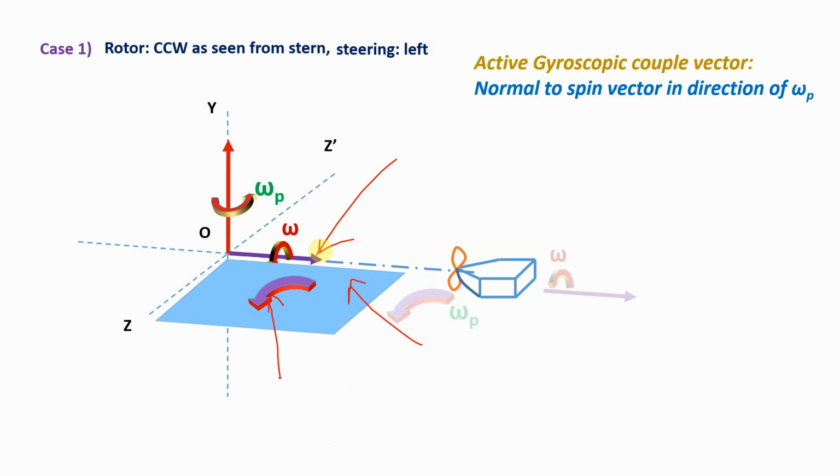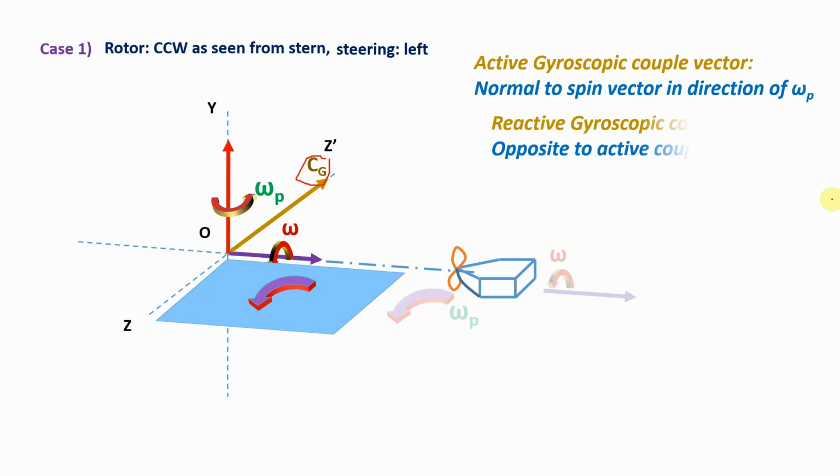So let us rotate this spin vector in precision plane XOZ, that is horizontal plane, in the direction of omega p. When we rotate the spin vector by 90 degrees, active gyroscopic torque vector will act along OZ dash. We represent active gyroscopic torque by CG.